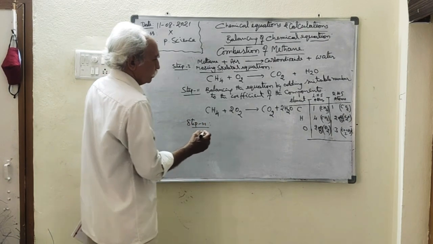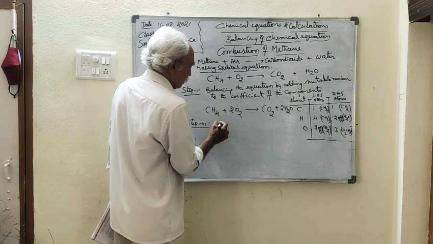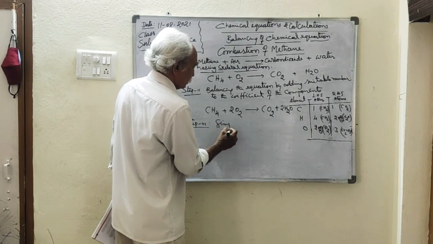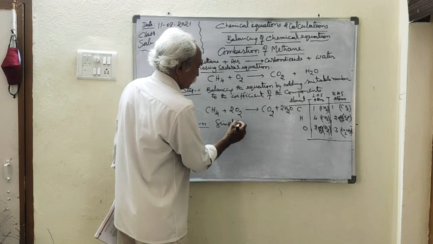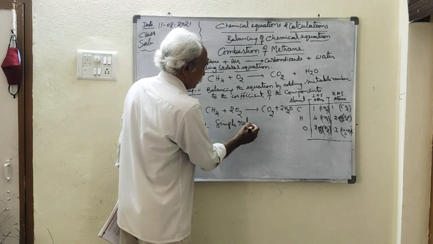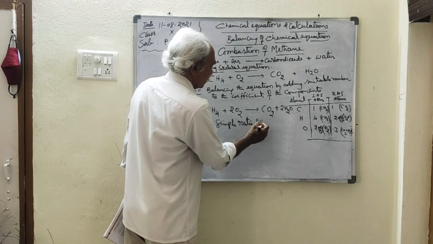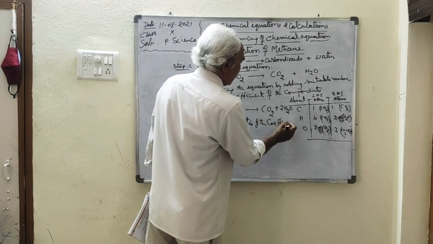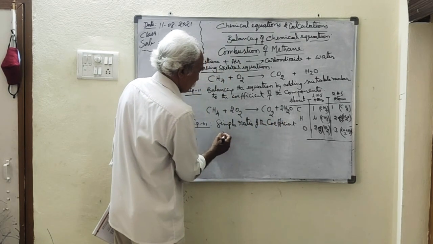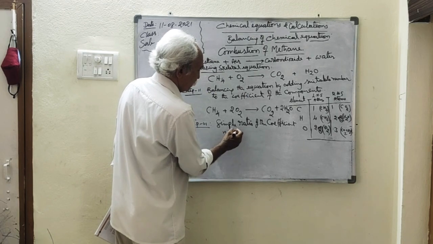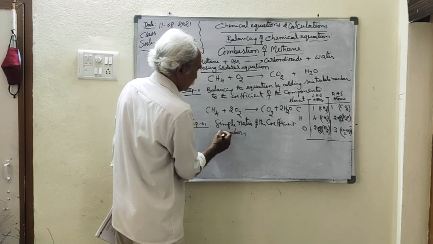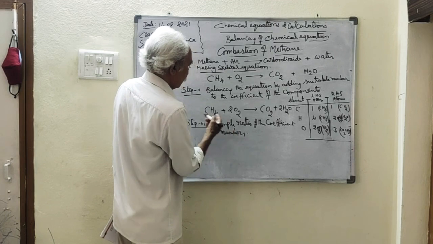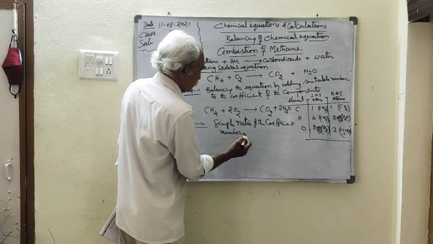Step 3, simple ratio of the coefficient numbers. What are the numbers here? 1, 2.